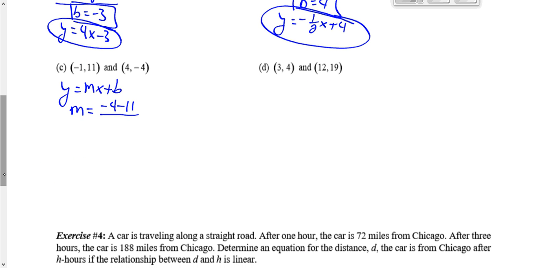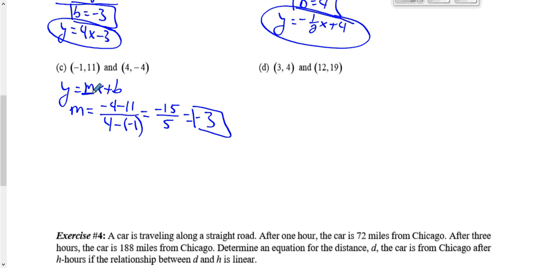What goes on the bottom? 4 minus -1, not 4 minus 1, and not 4 minus -1 the other way. That equals -15 over 5. Put that in lowest terms. What do you get? -3. So our m is -3.